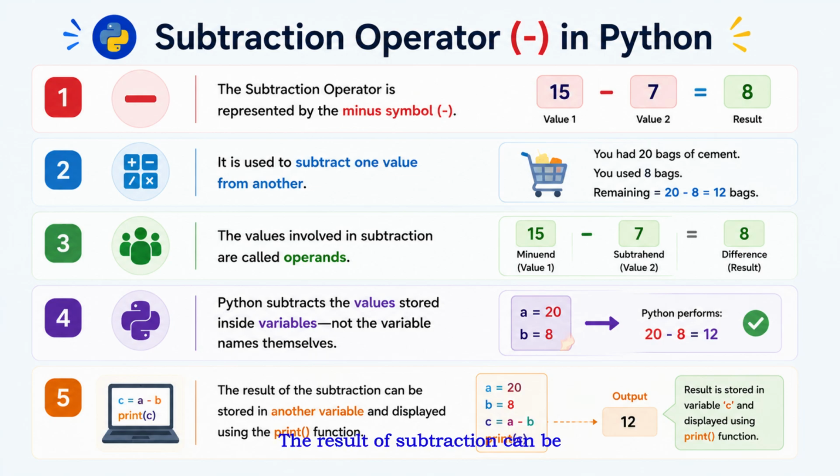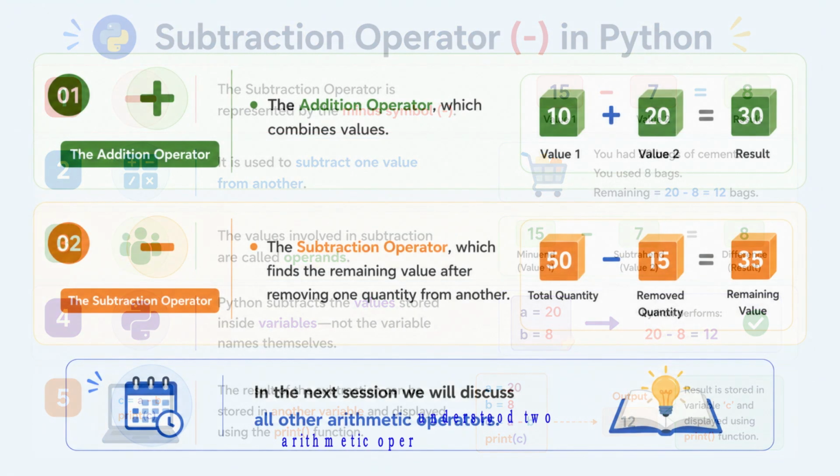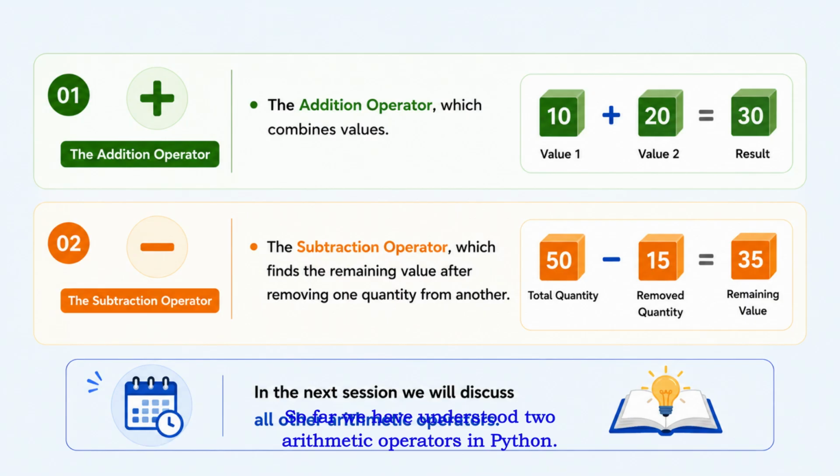The result of subtraction can be stored in another variable and displayed using the print function. So far we have understood two arithmetic operators in Python: the addition operator, which combines values; and the subtraction operator, which finds the remaining value after removing one quantity from another.